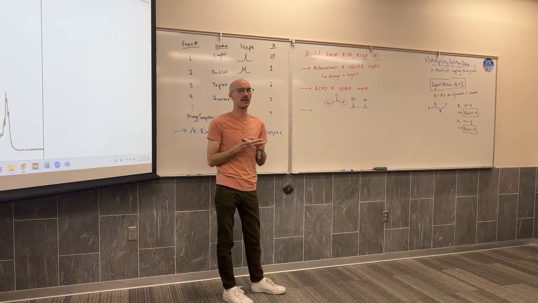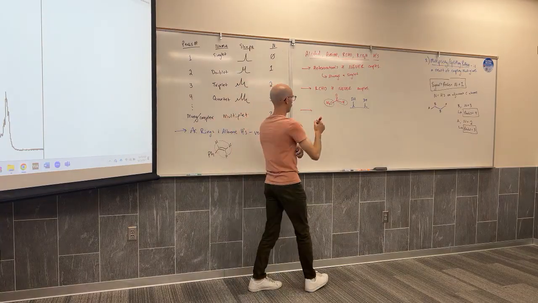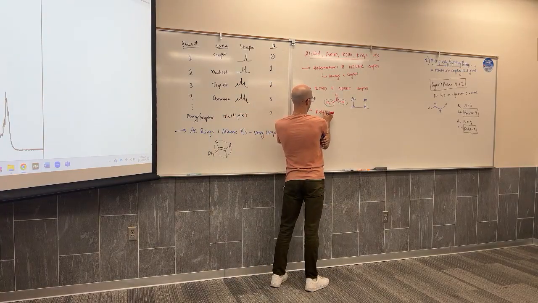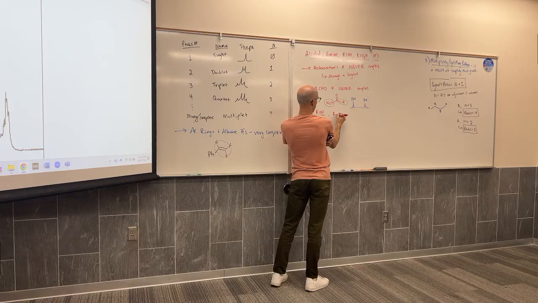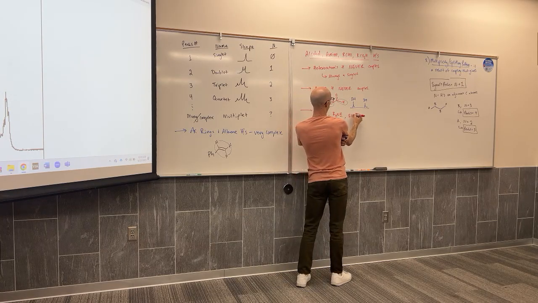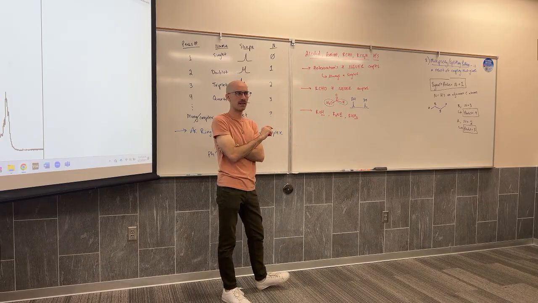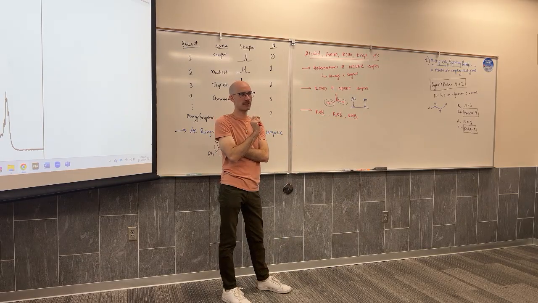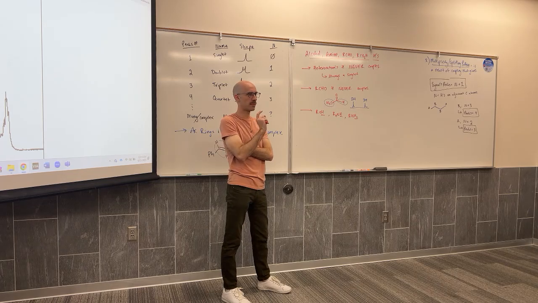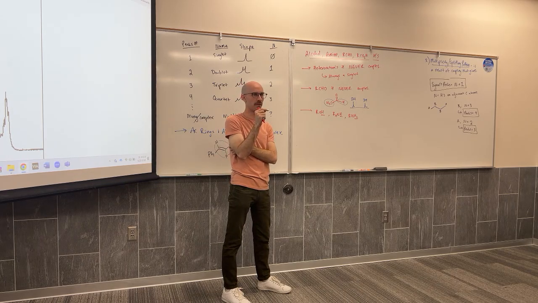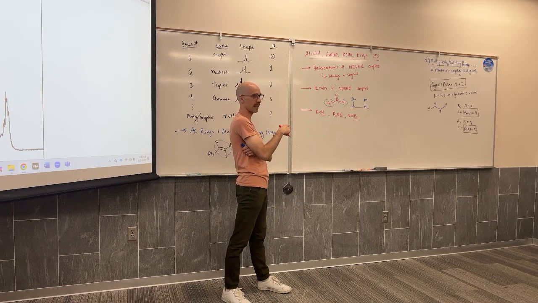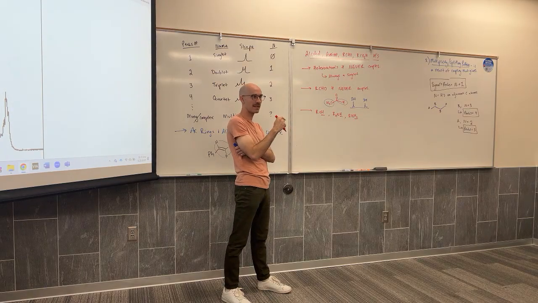There are some other things about shape and location. So the ROH and the R2NH and the RNH2 signals don't show up as far left as you would expect. Remember I said that hydrogens that are de-shielded have signals that show up downfield? We would expect that these hydrogens should be very de-shielded.